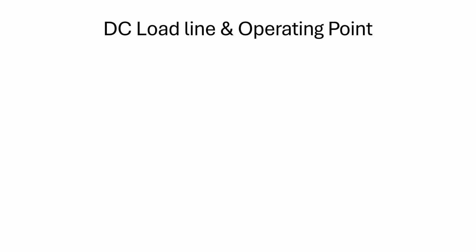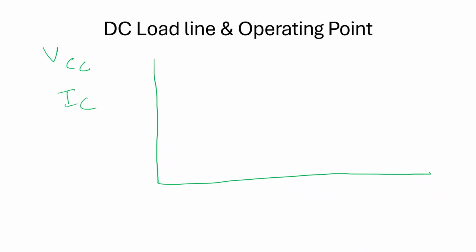And when we are talking about biasing, we must be clear on the operating points and the load lines. DC load line. What is a DC load line? A line that is drawn with the values of VCC and IC is called the DC load line. For example, when we are operating the transistor, the voltage drop across VCE, the points considered here are the different voltage operating points of VCE and the current.